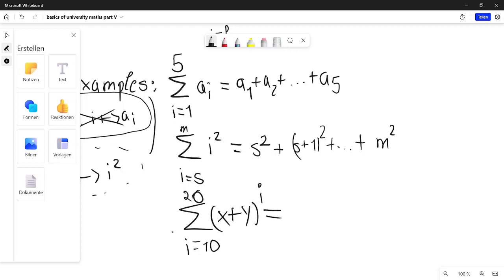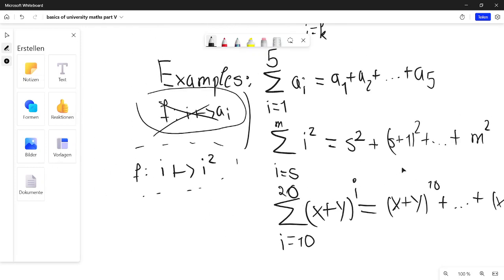Maybe we don't know at all what x plus y is. Maybe we just want to specify a polynomial like that. No problem, this notation works. And if it is really meaningful what we are writing, well, we just have to look at the context and perhaps it is meaningful. So the notation is just notation for this structure, right?